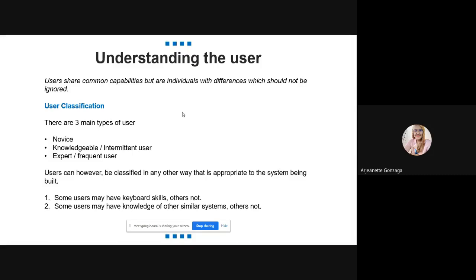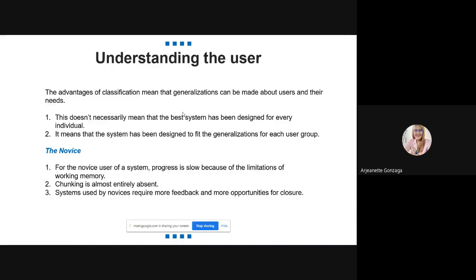So number one, some users may have keyboard skills, others have not. Sa atin merong magaling mag-typing masters, yung iba naman hindi maalam. Some users may have knowledge of similar systems, yung others ay wala. So ano po ba yung mga advantages ng classification?